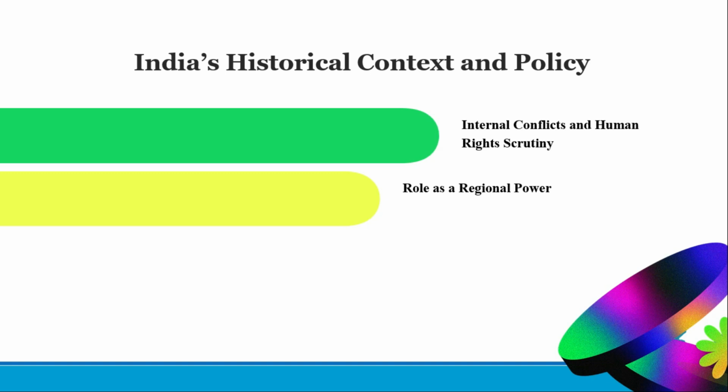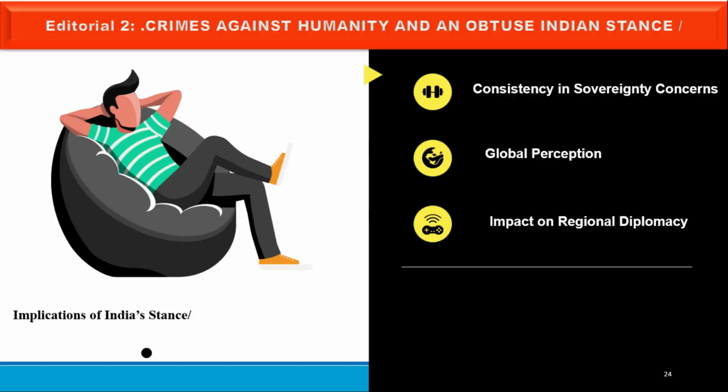India prefers bilateral and regional mechanisms to address justice and reconciliation, as seen in its engagement with Sri Lanka. It avoids internationally sensitive issues that might set a precedent for external intervention in its own affairs. So these are the reasons India might avoid this treaty, and there are some more implications of India's stance.